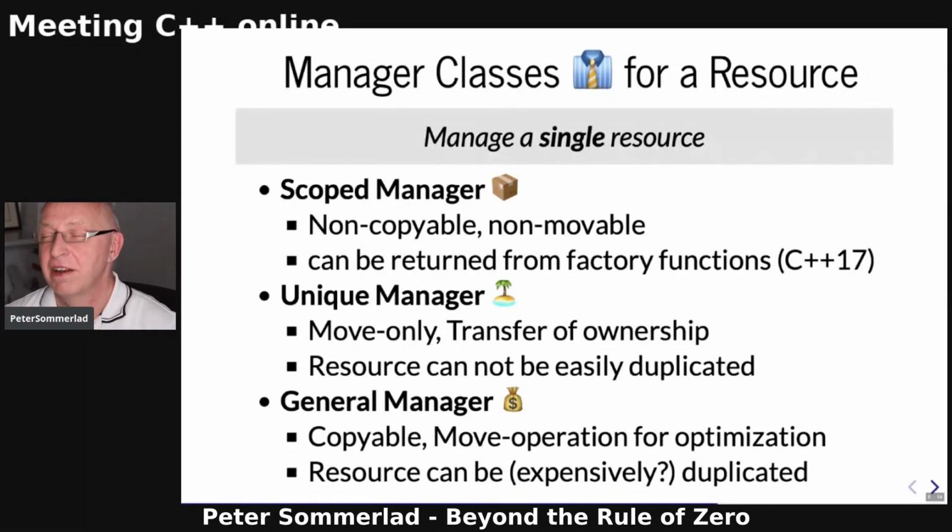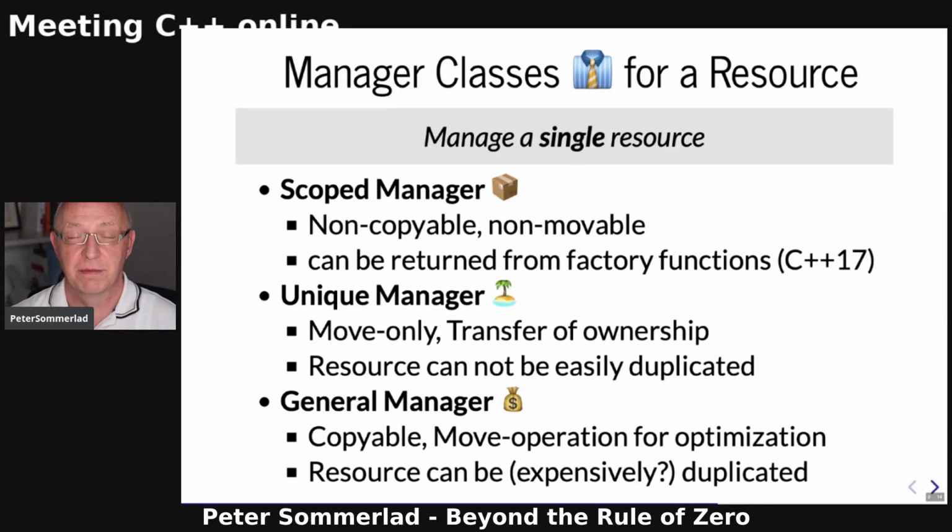The next level is providing a manager that allows you to give away the resource to another managing object. Like a unique pointer does with memory, you can only have one unique pointer managing a piece of memory, but you can transfer the ownership of the resource from one unique pointer to another, and that is the benefit of the move operations.